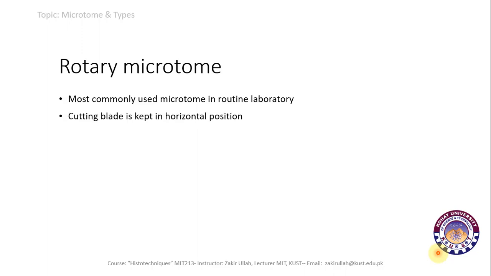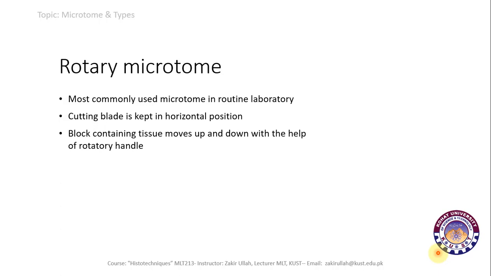In this type of microtome, the position of the blade is horizontal and the block containing the tissue moves up and down with the help of the rotary mechanism. So the blade is in a fixed position and the block is movable.